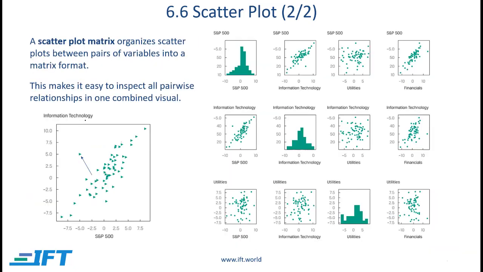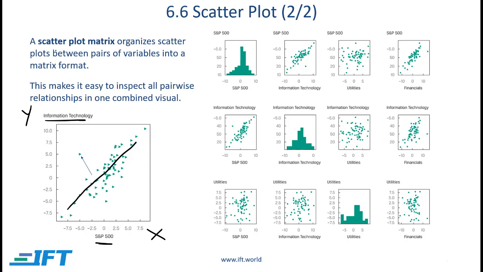So what we've said about scatter plots so far is in the context of two variables, an X variable and a Y variable. So here we have the S&P 500 versus information technology. We see that there is a fairly strong positive association between these two variables, and this is also mostly a linear relationship. But what if we want to evaluate relationships between multiple pairs of variables?